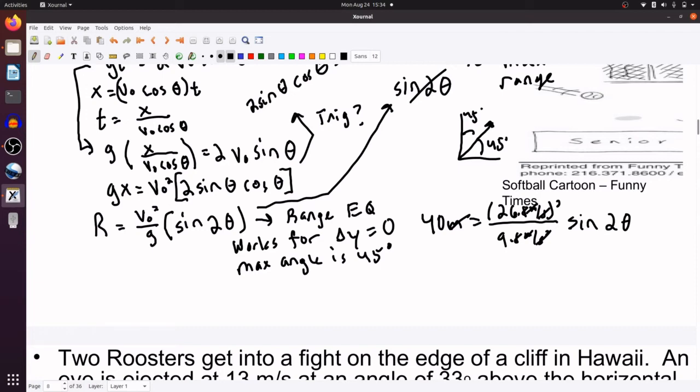So, anyways, I'm going to do this in steps because it might have been a while since you've done an evaluation of trig like this. So I'm going to take 40 multiplied by 9.8 and divide that by 26.8 squared. And that's going to give me, I'm going to round it to 0.546 and carry it one digit more than I probably ever should.